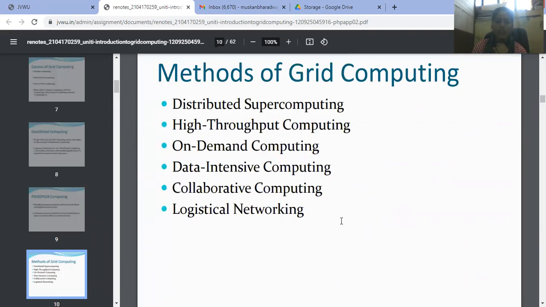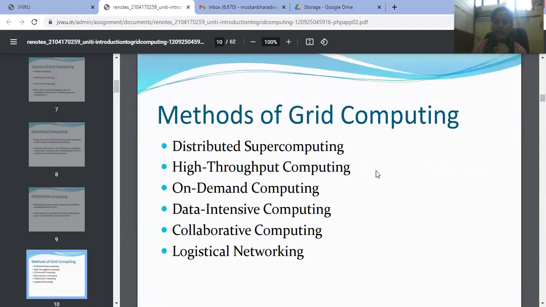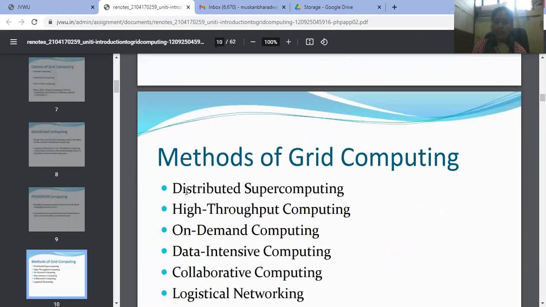Now there are various methods of grid computing. First, distributed supercomputing: you perform the task using distributed methods. Then high throughput computing, which is based on on-demand computing: whenever users require space or storage for storing data, they use grid computing, which is part of cloud computing.